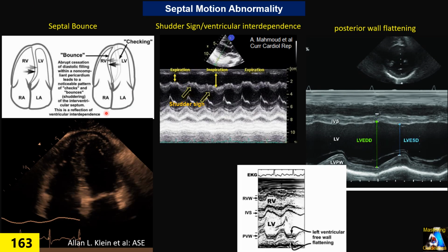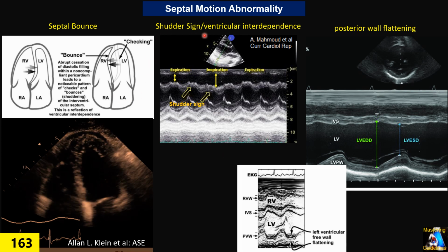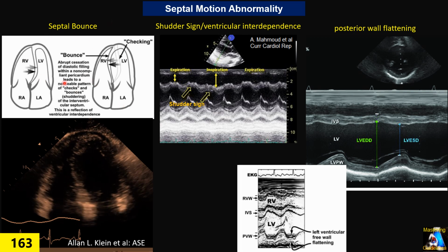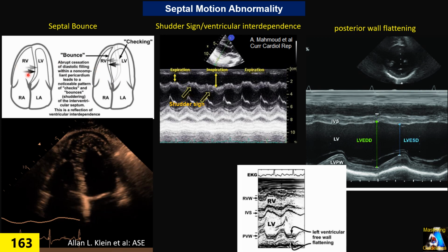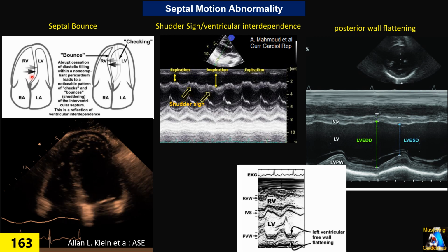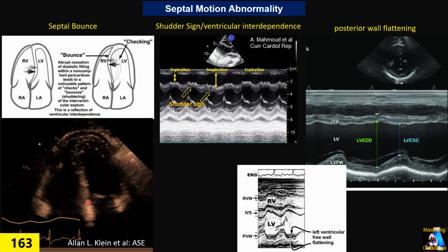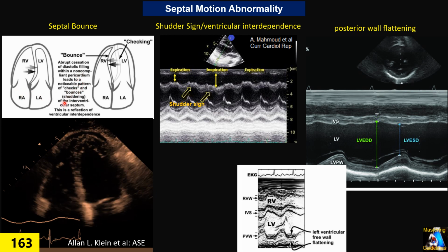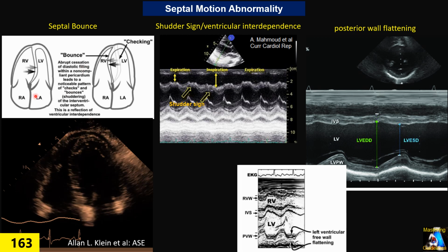The most important septal motion abnormality in constrictive pericarditis is the septal bounce, or bouncing of the septum. In this situation, the septum is shaking during diastole, as you can see. We call it bouncing. The reason for shaking is that the rapid filling in constrictive pericarditis is very fast.